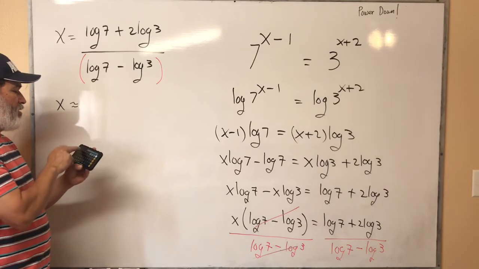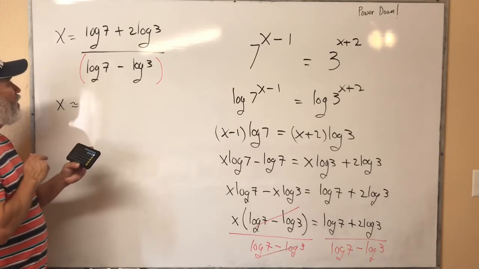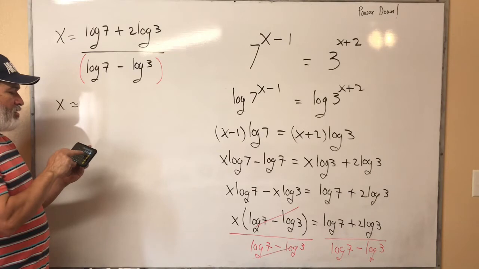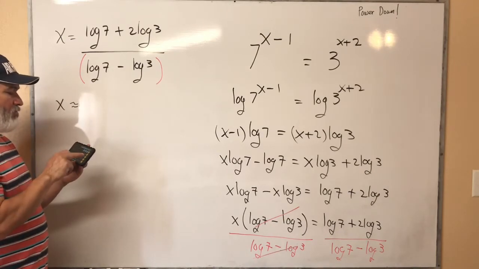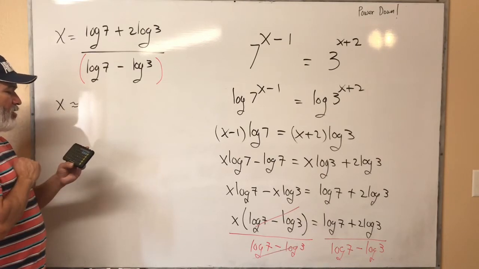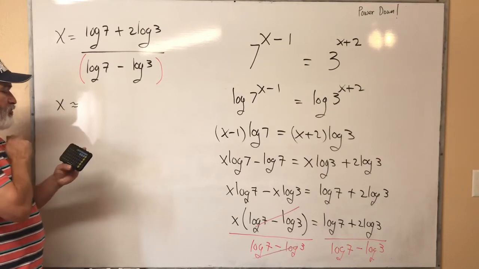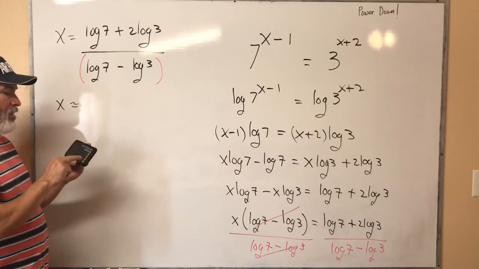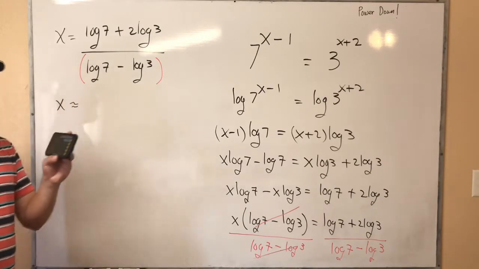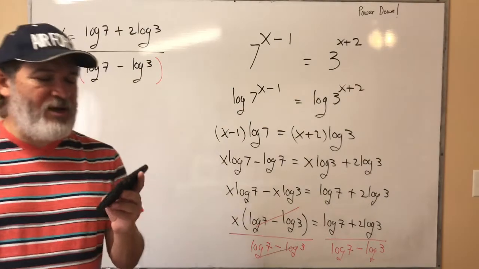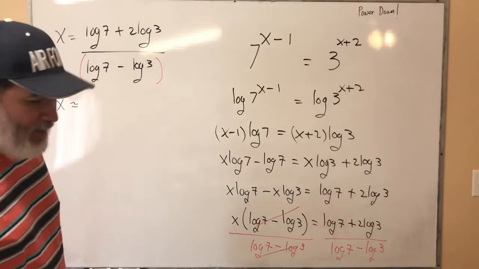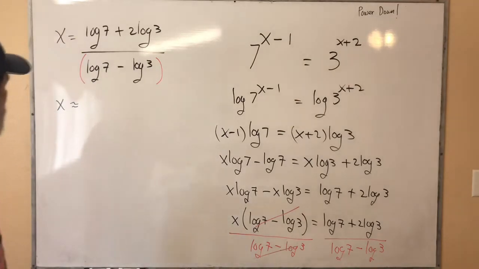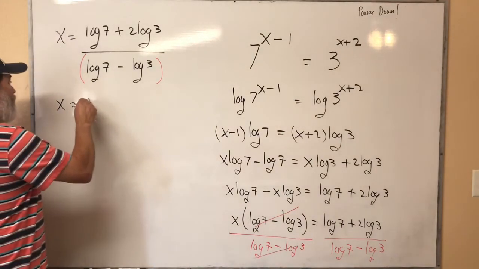Divided by, parentheses, 7 the log minus 3 the log, close parentheses, equals. I get 4.9.